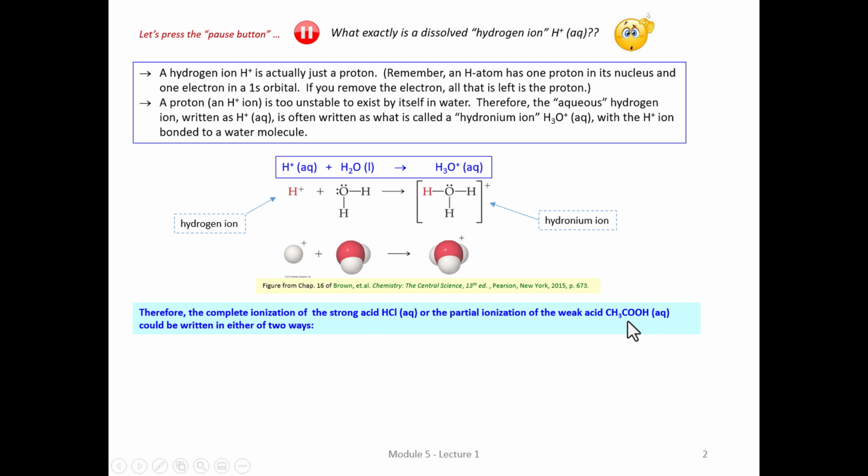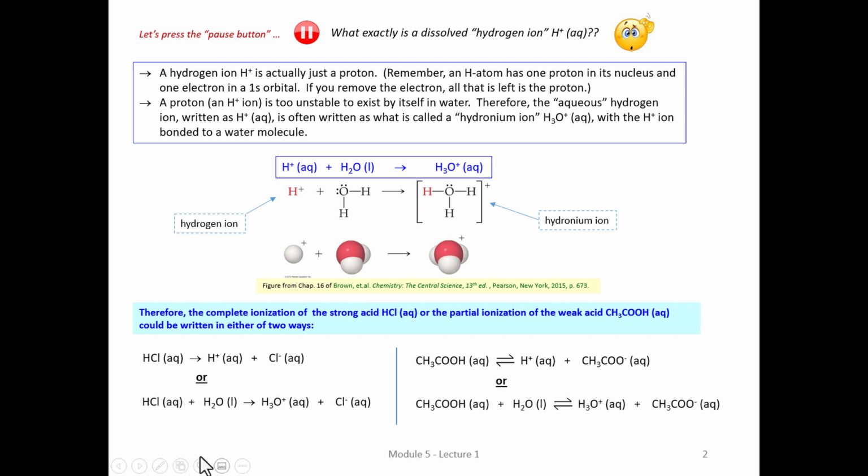So that means that when we showed the ionization of the strong acid HCl, or the partial ionization of the weak acid, acetic acid, those could be written in either of two ways. How we wrote them on the previous slide was HCl going to H+ aqueous plus Cl-, acetic acid going at least partially to H+ ions and acetate ions. We could also write the same reaction like this.